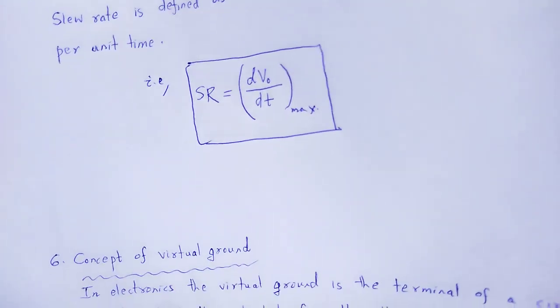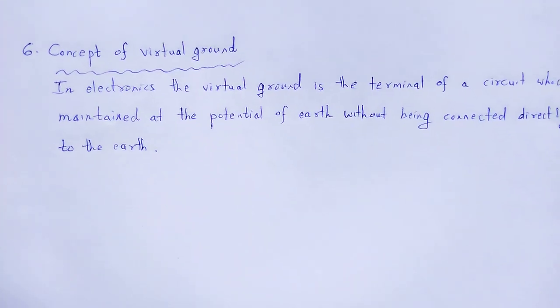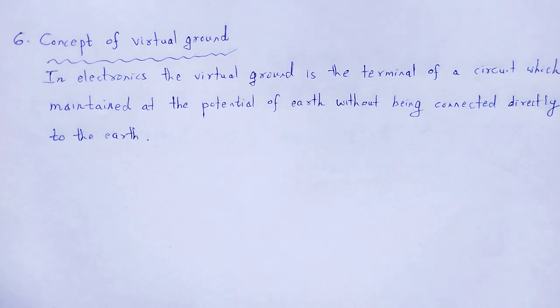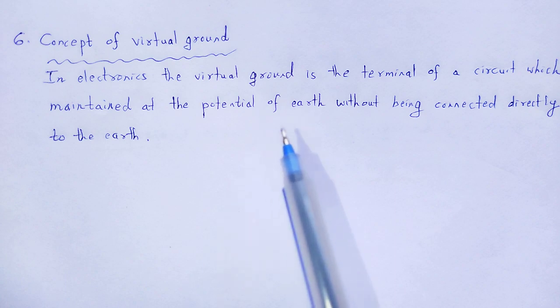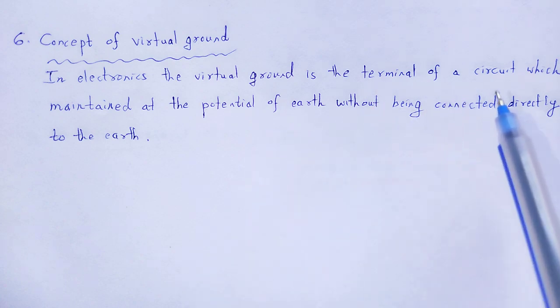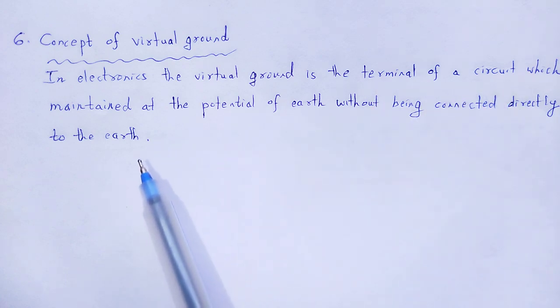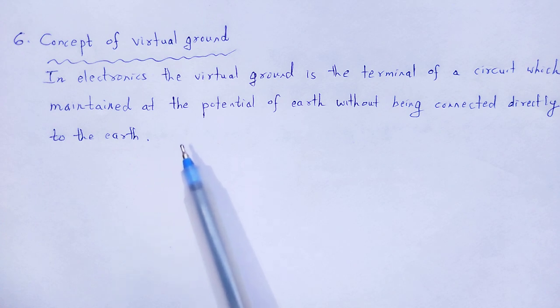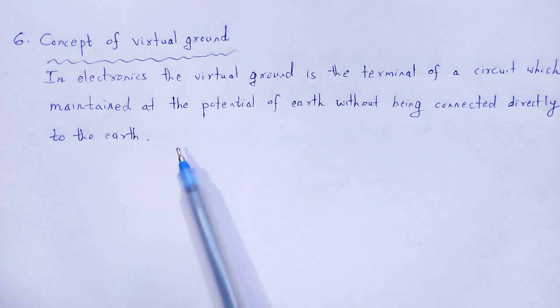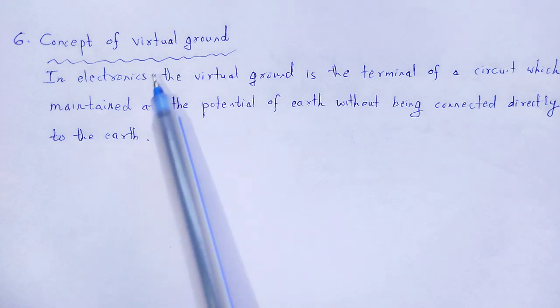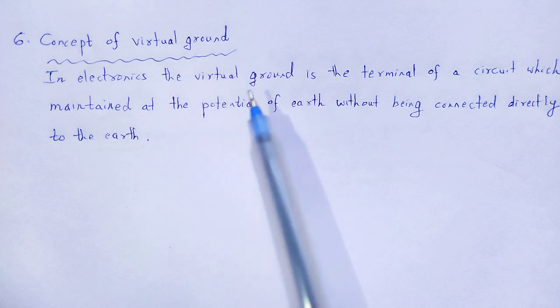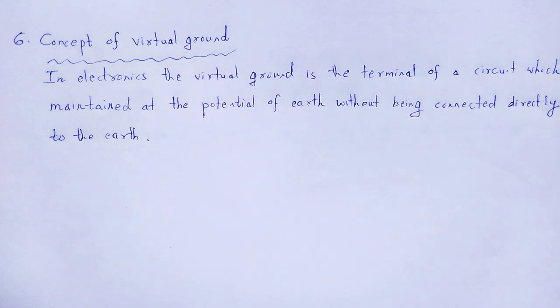Next, the concept of virtual ground. What is the concept of virtual ground? In electronics, the virtual ground is the terminal of a circuit which is maintained at the potential of earth without being connected directly to earth, known as virtual ground. So, in the case of an op-amp, how do we relate it?